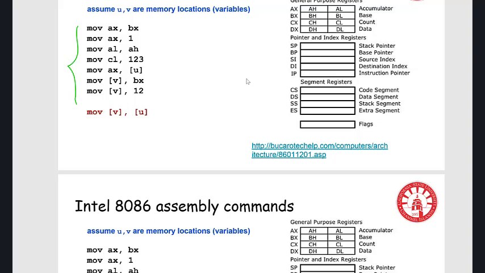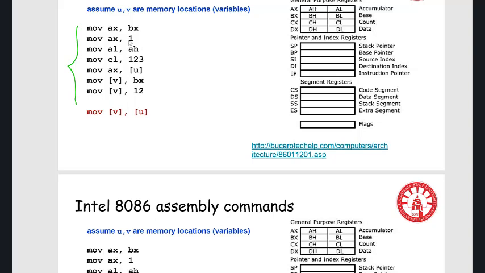There are some examples of assembly coding for the x86 architecture. In the previous slide, we had the notion of X and Y, which could actually refer to a register or a memory location.